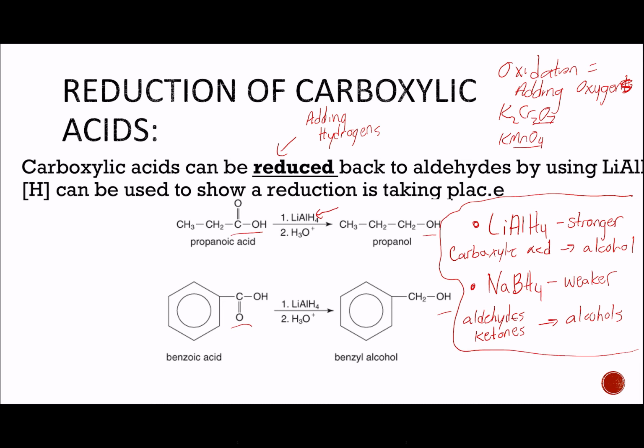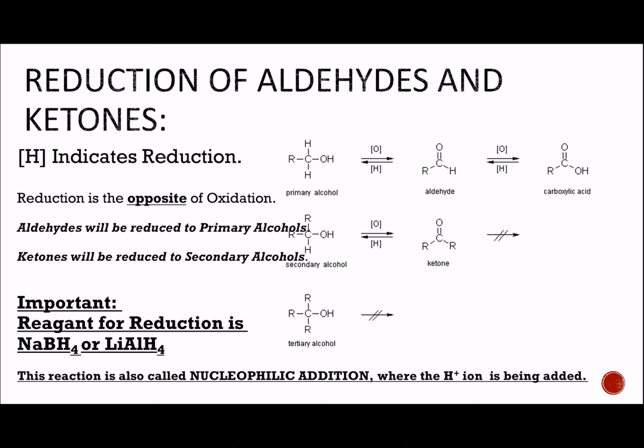Okay, so let's talk about the reduction of aldehydes and ketones. Aldehydes and ketones would also go back to their alcohol. So this is really the inverse process of oxidation. Aldehydes will go back to primary alcohols.